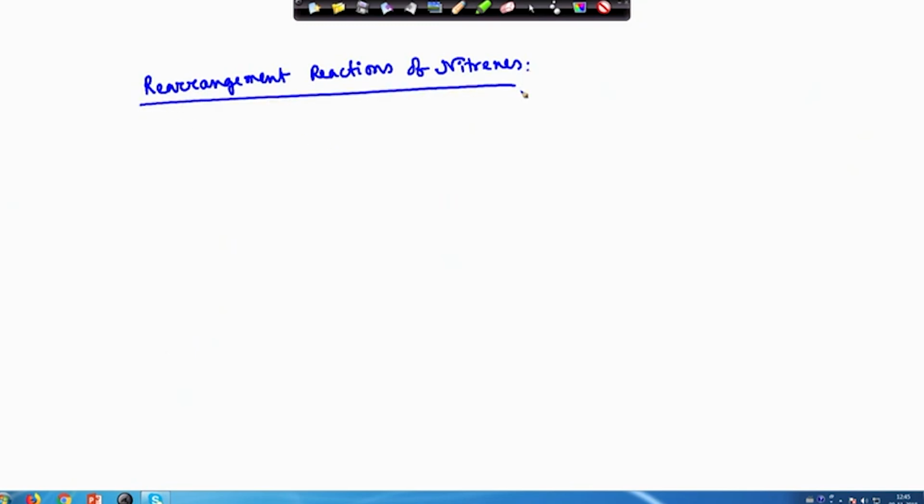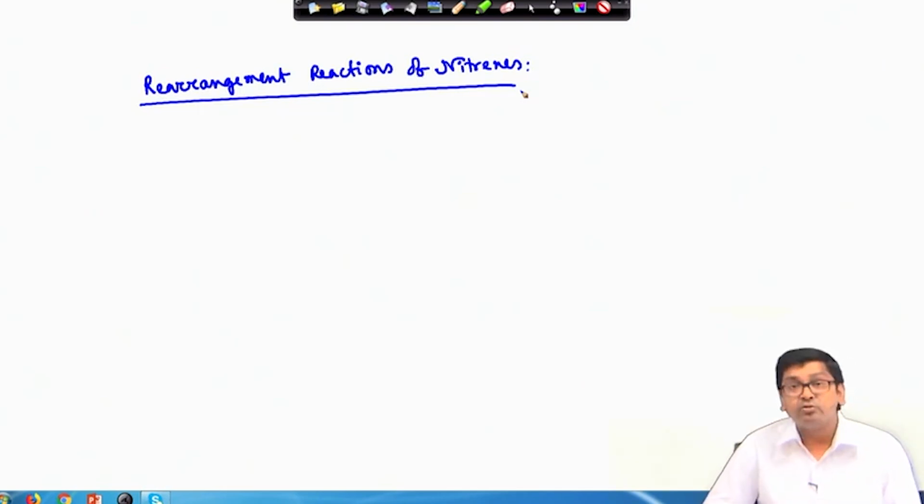Now, we have seen that in the case of carbenes, there are certain rearrangements that happen with the carbene species. One of them that is very important is called the Wolff rearrangement. It has also been found for nitrenes that similar types of rearrangements are possible, and in all these rearrangements the migration occurs to an electron deficient nitrogen center.